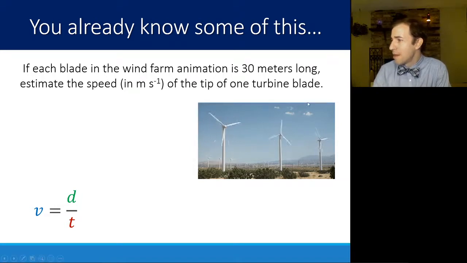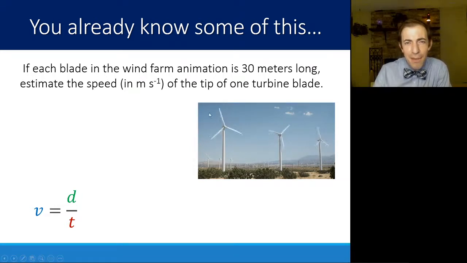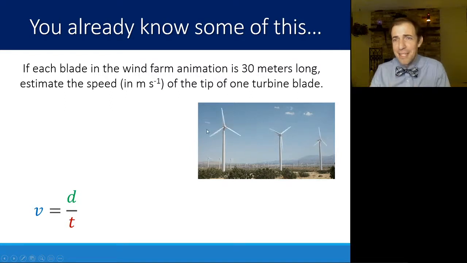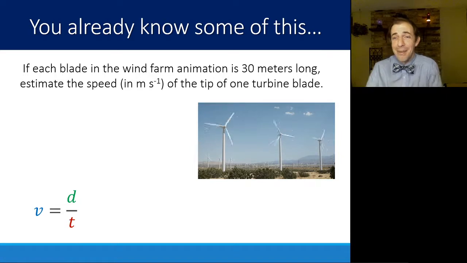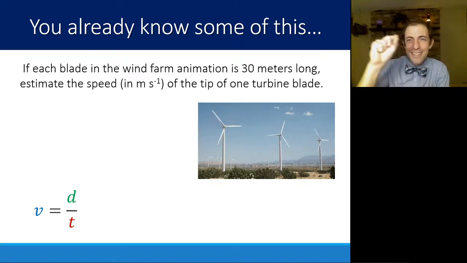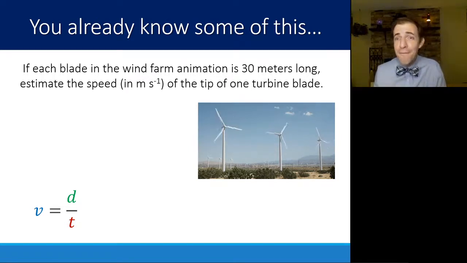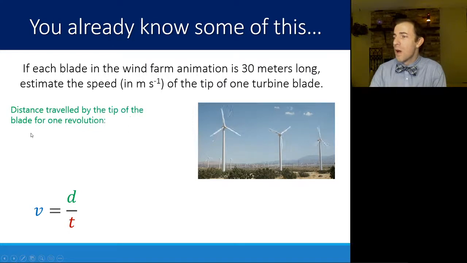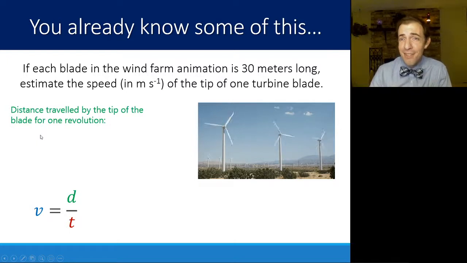We know that the blades are 30 meters long, and the tip of the blade is tracing a circle here. That's pretty clear. Also, if you didn't know, use the hint of the fact that we're talking about circular motion in this video. So it traces a circle, and we know that the distance that's traced in that circle is the circumference of that circle. So we can find the distance traveled by the tip in one revolution if we can find the circumference of the circle.